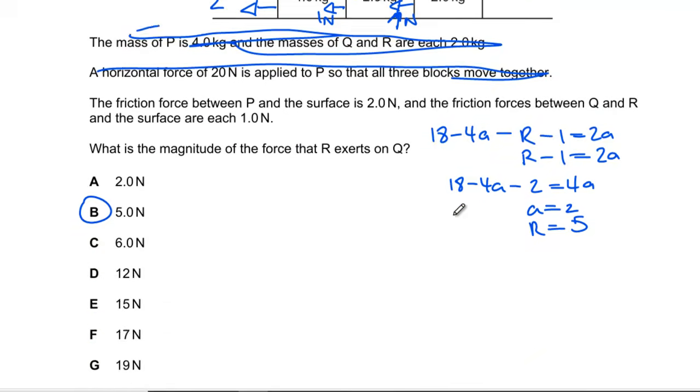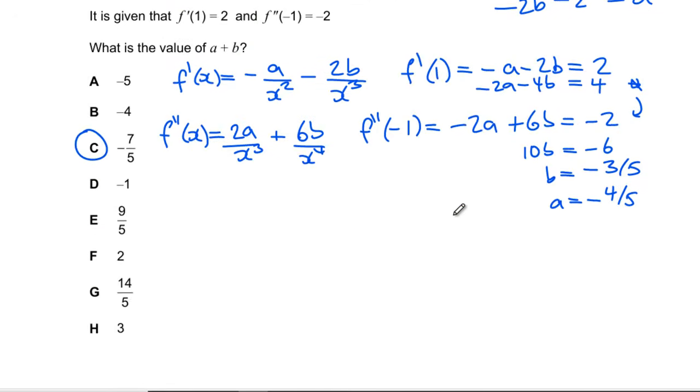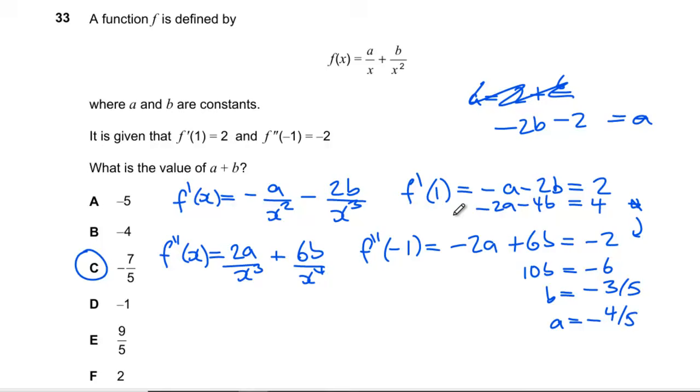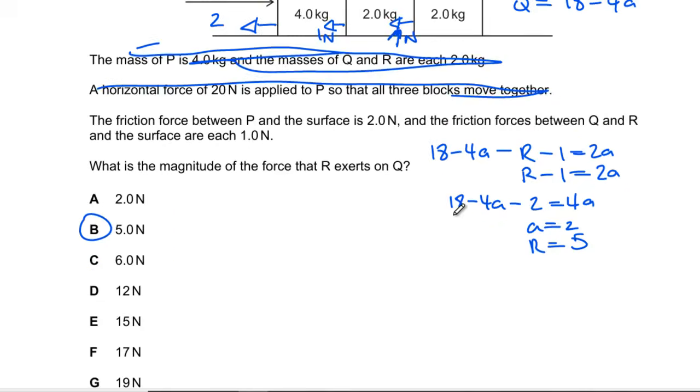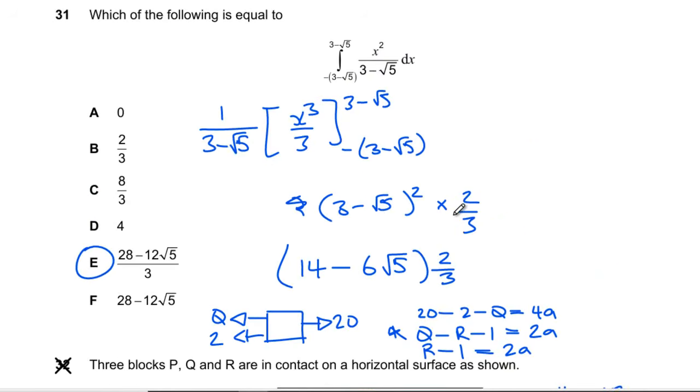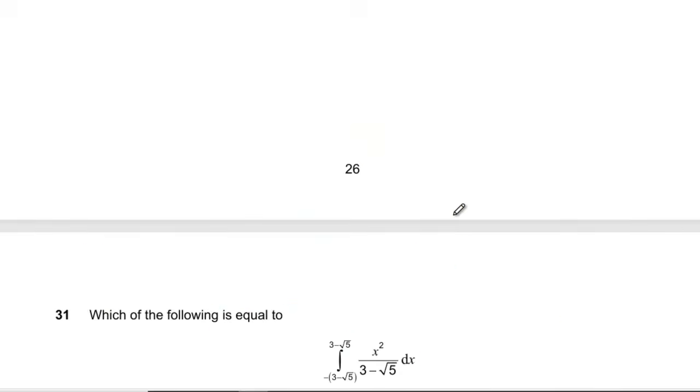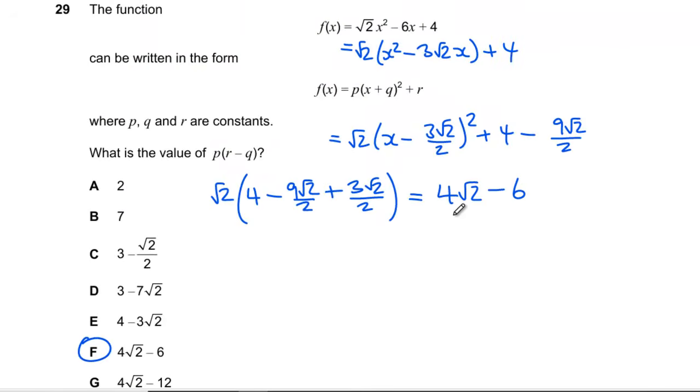This one here was quite unpleasant, wasn't it? 32. 33 was fiddly with all of the numbers, so it was getting bogged down in the middle. I think that was the thing. So it wasn't too bad at the end, but the middle was quite involved. So yeah, they did seem quite long. This one, 29, again, it was quite long.